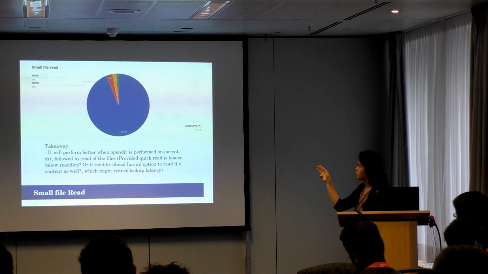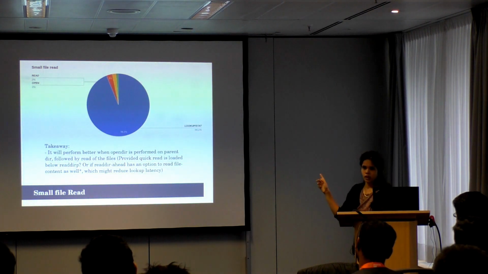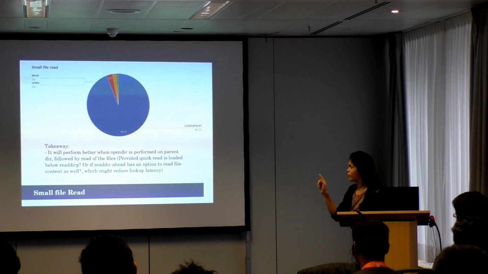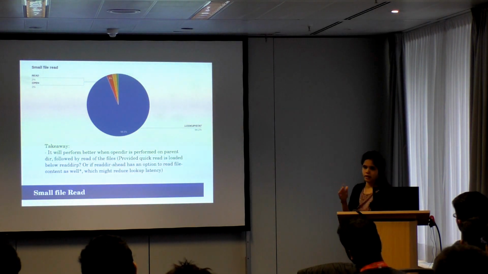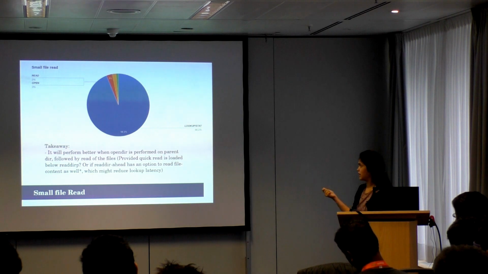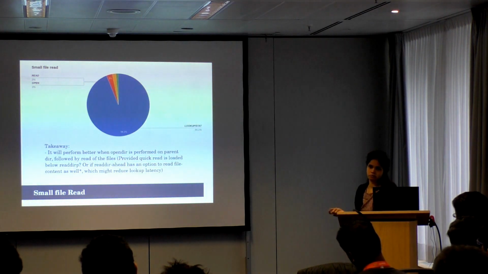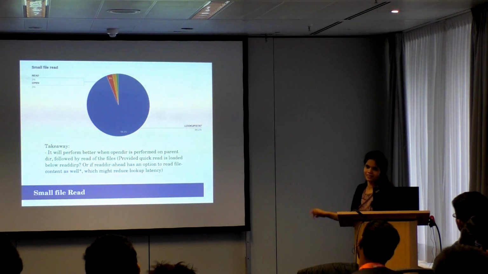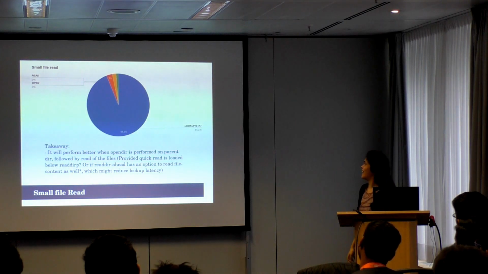Most of the time would be taken by readdirp, and lookups would reduce. But currently we have quick read loaded above readdir-ahead. We can try loading it below, or indicate to readdir-ahead to also read the content which quick read would do. So this is one thing we can look at.